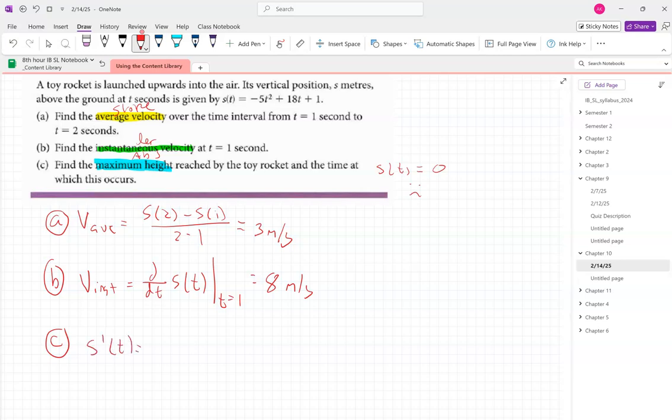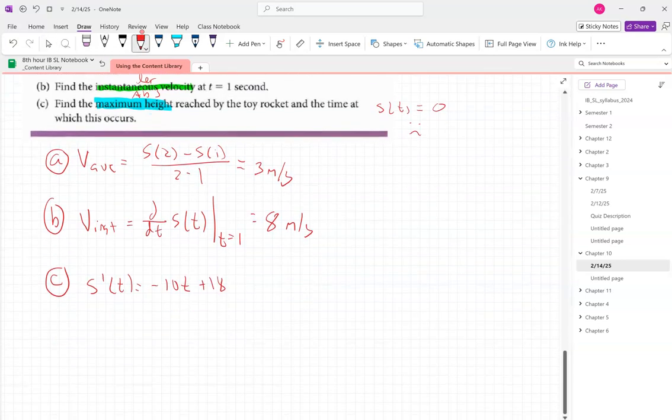So the derivative is this, right? That's a continuous function. It's never undefined, so all I have to do is set it equal to 0. So I get 18 over 10 or 9 over 5, right?